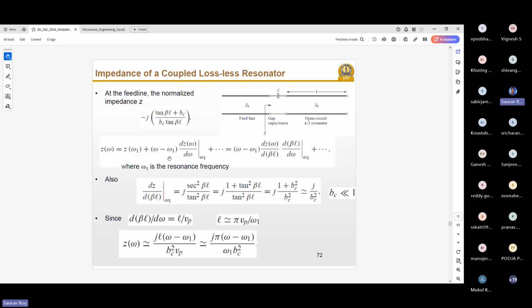Let's say omega 1 is the resonance frequency, so obviously Z at omega 1 becomes 0. Then you are left with the first term. If you simplify these equations, finally you get the value of the impedance as 0 plus pi of this value, with something in the numerator and something in the denominator.